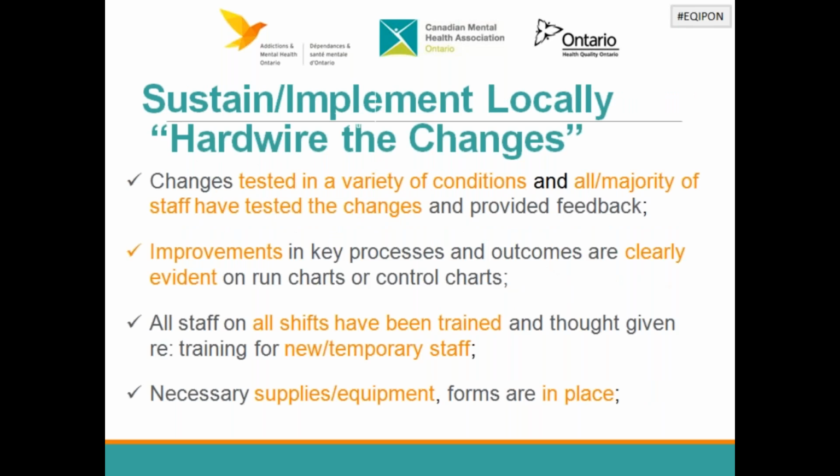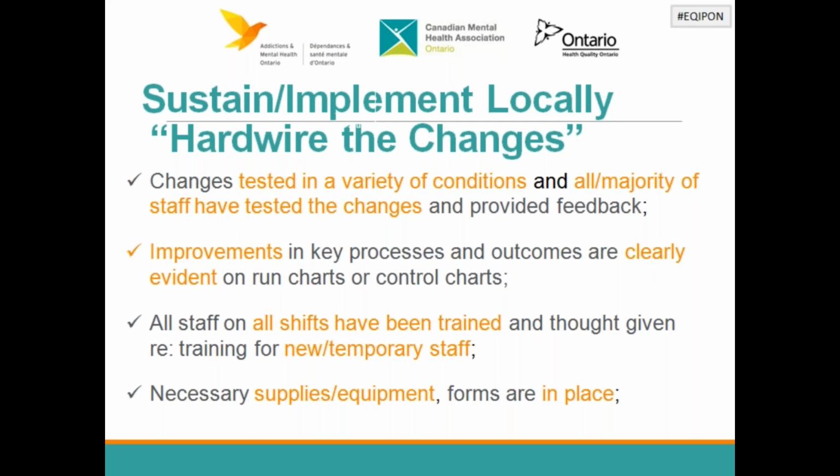So lastly, let's talk a little bit about some of the ways that we can hardwire changes in and some of the tips for that. We've talked about it, but testing in a variety of conditions is important. Not just going straight to implementation, but testing under a variety of conditions.